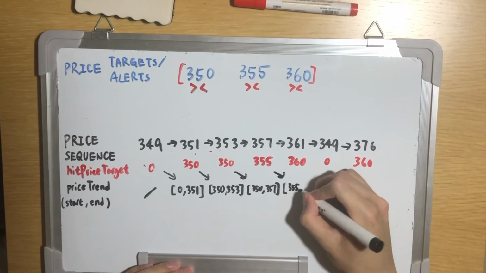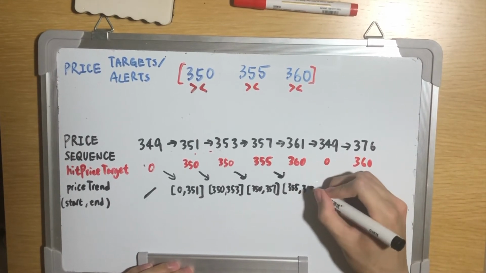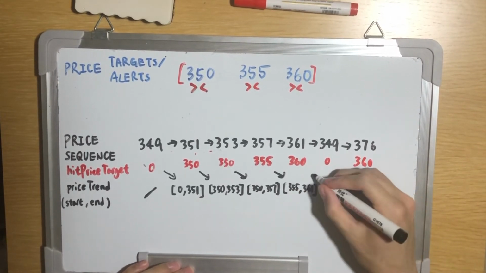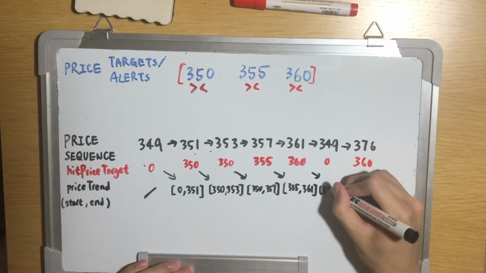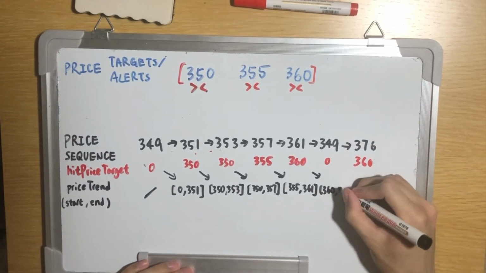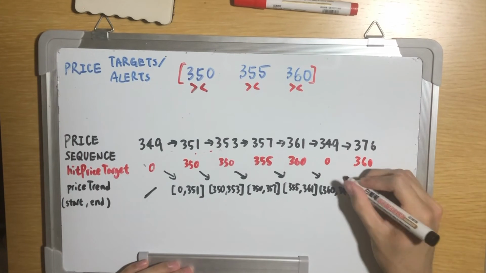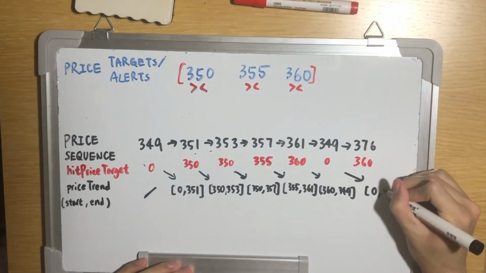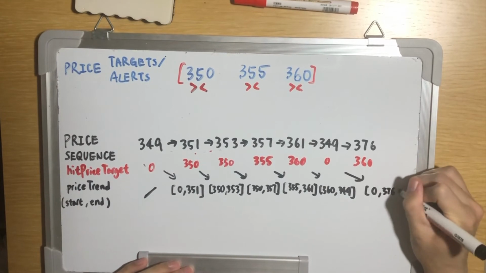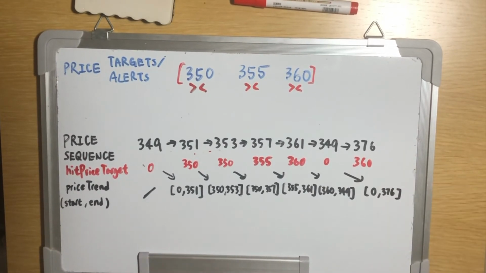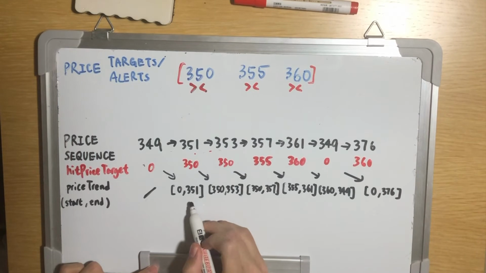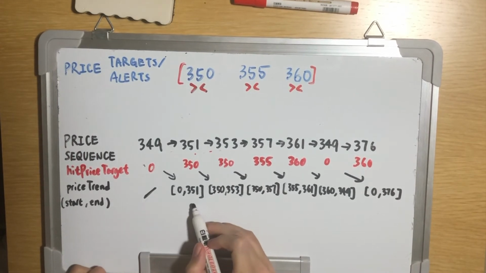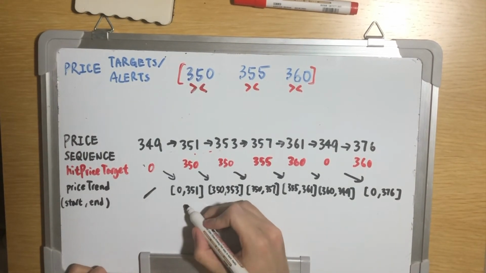355, and 361, and then 360 to 349, and then 0 to 376. Based on this price trend list, we're able to tell whether the price is increasing or decreasing.